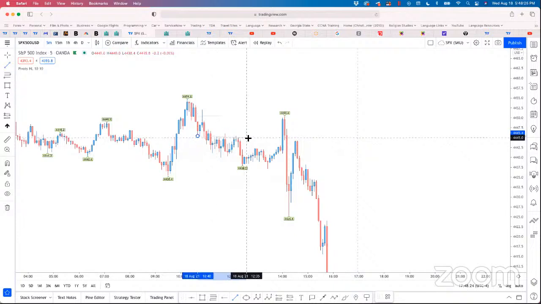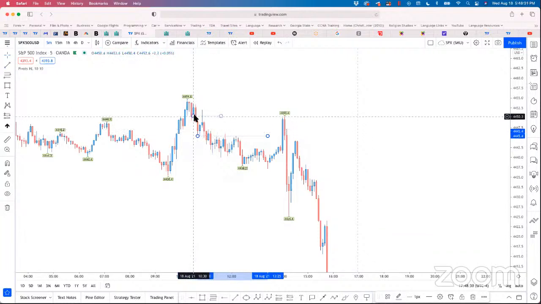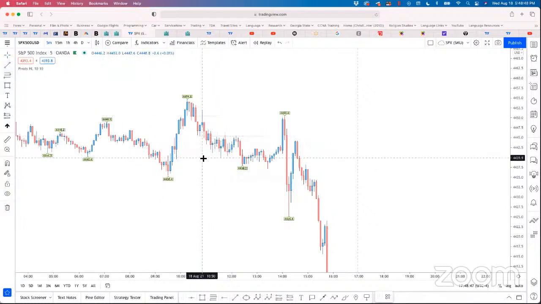And then price pushed back up into this area, right? Rejected, right? Once it rejected, it made a new low. It took this low out, made a new low, right? It kept making lows until it got to this point right here, and it paused, right?